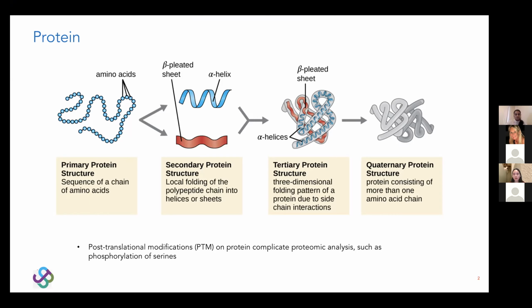And the third type refers to the 3-dimensional folding of a peptide. You can see locally this red peptide chain has beta pleated sheets, but it could also fold in three-dimensional space, like the picture shown here. Many proteins are made up of only one single polypeptide, so these proteins have only these 3 structures.